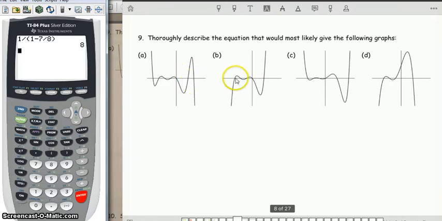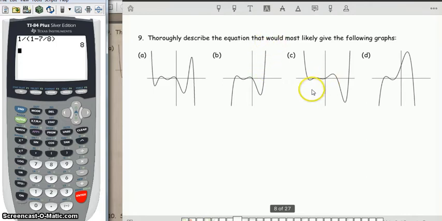For letter B, you have 1, 2, 3, 4, 5 roots, so you would pick an answer choice that had 5 sets of parentheses, or the exponents added up to 5. And then the coefficient in front must be positive since the right side goes up.